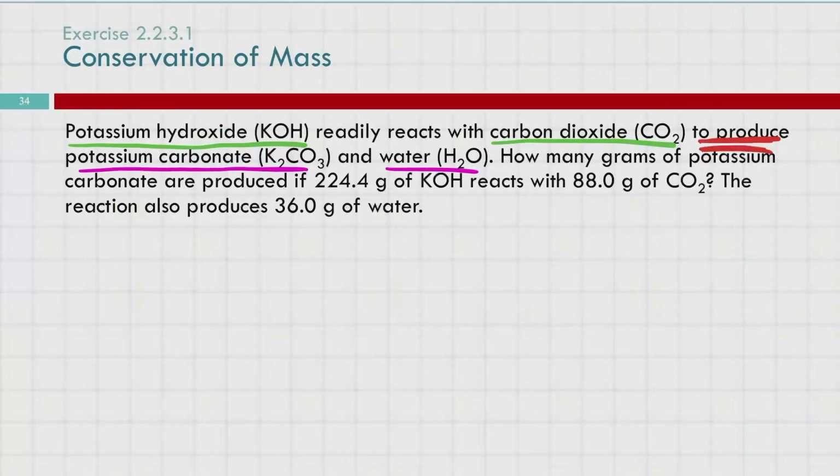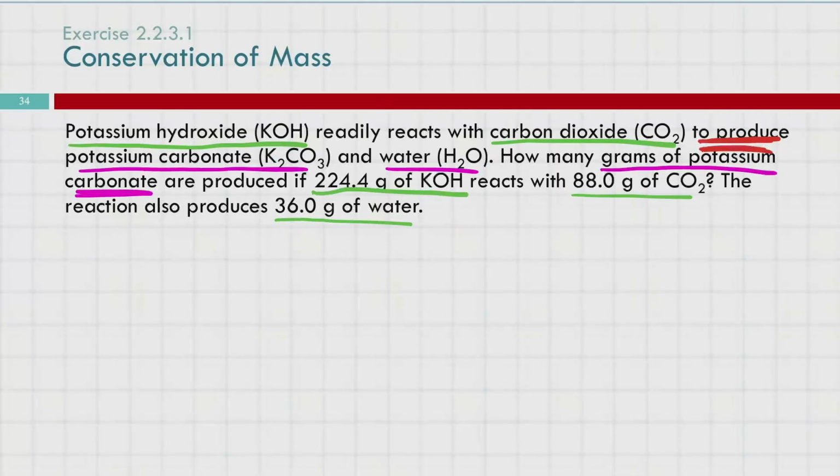How many grams, so we got our question word, how many grams of potassium carbonate are produced if, now we've got some givens, 224.4 grams of KOH reacts with 88.0 grams of CO2. The reaction also produces 36.0 grams of water.